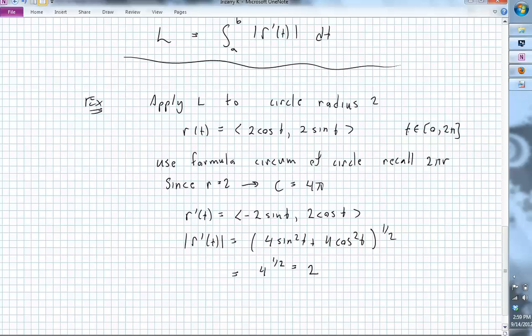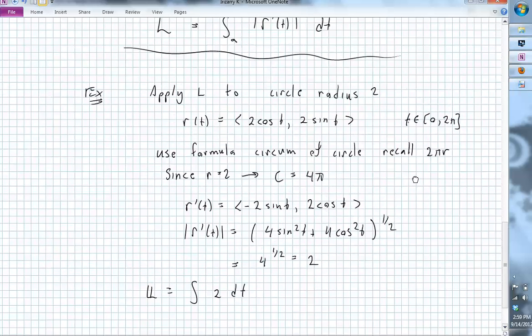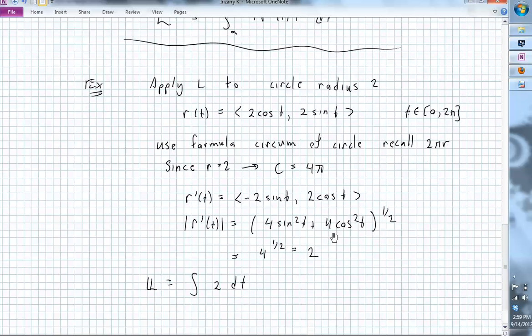Now, what do I do with that 2? I drop it into the formula for L. What are the limits of integration, a and b, in this problem? 0 to 2 pi. Good.